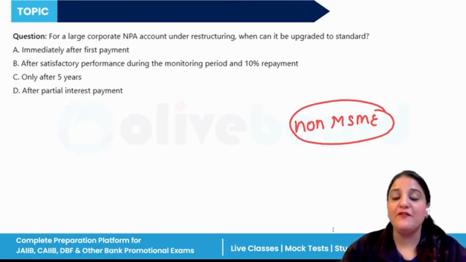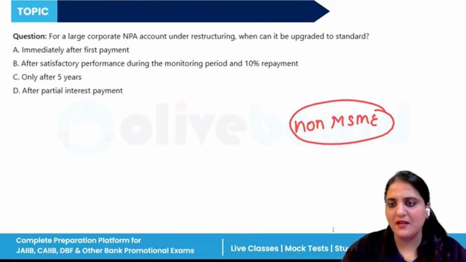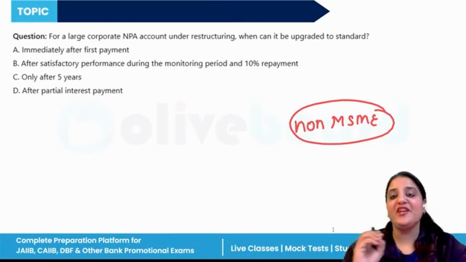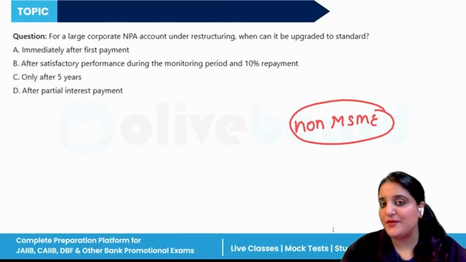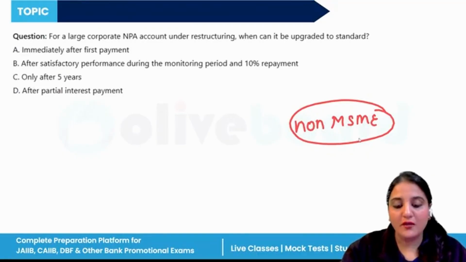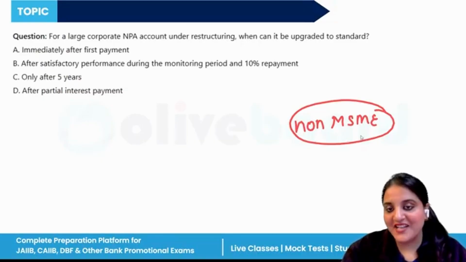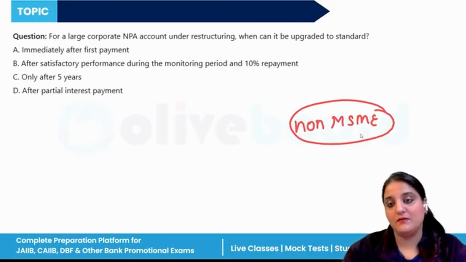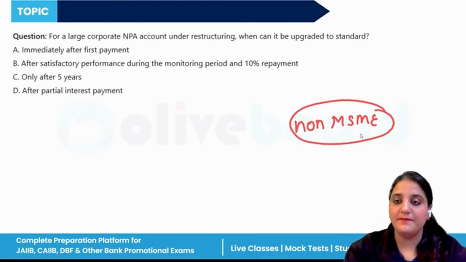The monitoring period is from restructuring implementation till at least 10% of principal and capitalized interest is paid. A minimum of 1 year from the first payment is mandatory before upgradation. So, for a large corporate NPA account under restructuring, when can it be upgraded to standard?